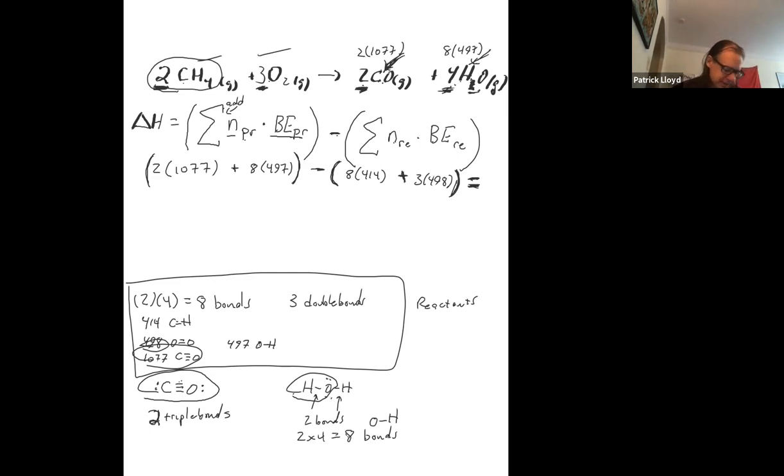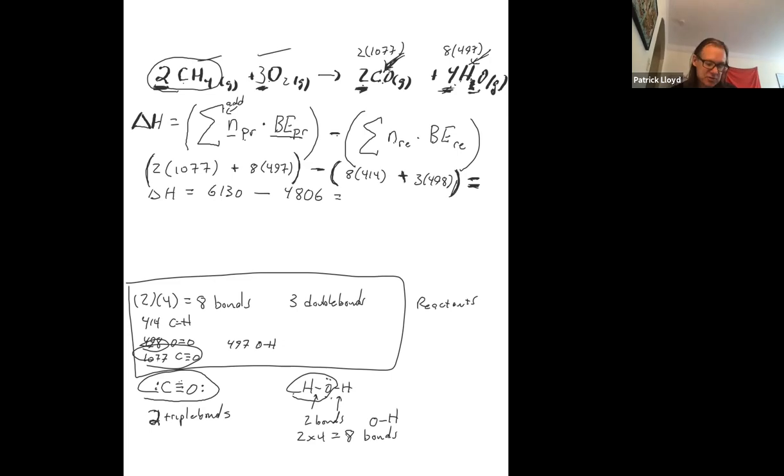So 2 times 1077 plus 8 times 497 is 6130. So I'm just doing what's in here. Minus 8 times 414 plus 3 times 498, and you get 4806. Each of these is in kilojoules per mole.